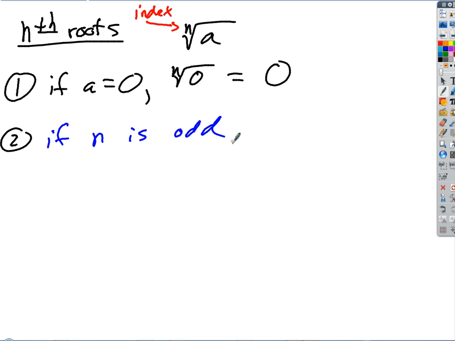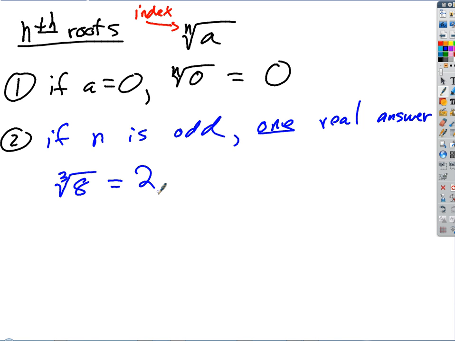If it's an odd root, that means we always get exactly one real answer. Let's take an example. The cube root of 8 is what? That's just saying what number cubed is 8. 2. It's exactly 2. There's only one answer.